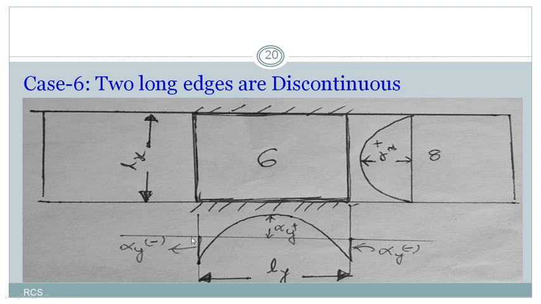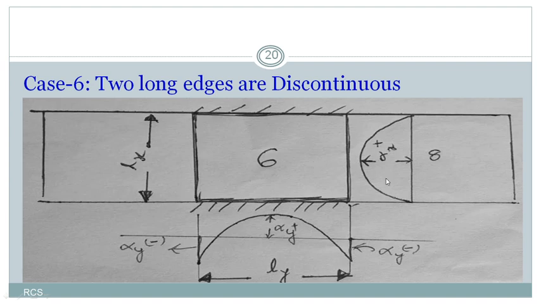In this direction, we have a negative bending moment at the support and positive bending moment at the midspan. So negative bending moment at the support means we get a negative moment coefficient, and positive moment at the midspan means we have a positive moment coefficient. So here we have one negative bending moment coefficient, that is alpha y negative, and another, a positive bending moment coefficient, alpha y positive.